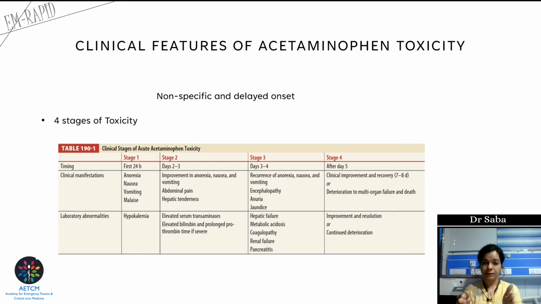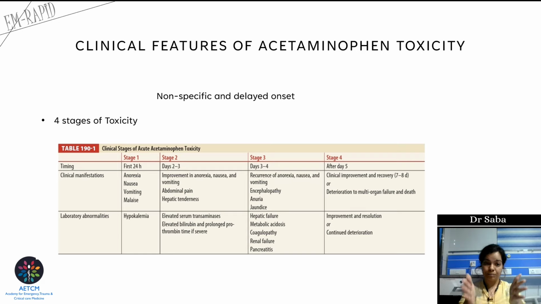Now, after stage 2, it's stage 3, that is from day 3 to day 4, wherein you have recurrence of the symptoms that we first saw during the first stage. You will again have anorexia, nausea, and vomiting, but along with these symptoms there will be development of encephalopathy, anuria, and jaundice.